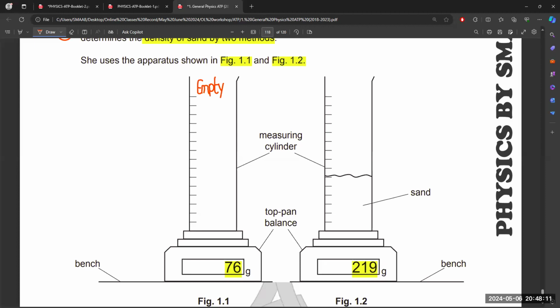So the first image is for the empty one. And then in the second diagram, you can see there is sand. So what is the value of the empty measuring cylinder? That is 76, right? And when we fill sand in it, you will get reading 219.